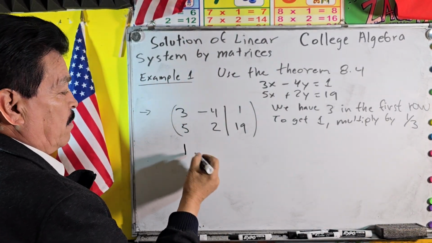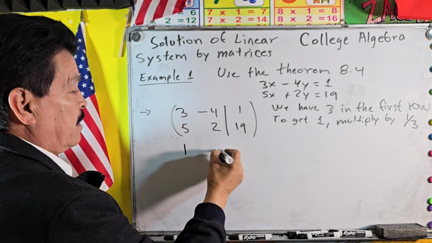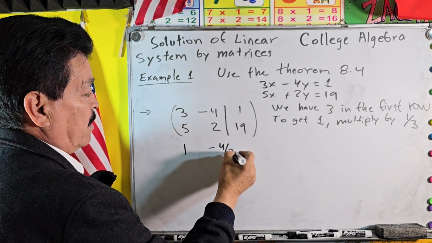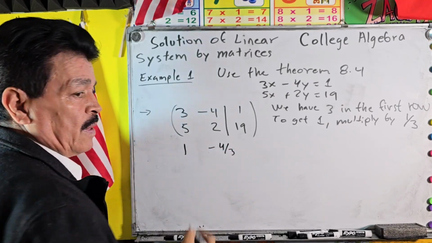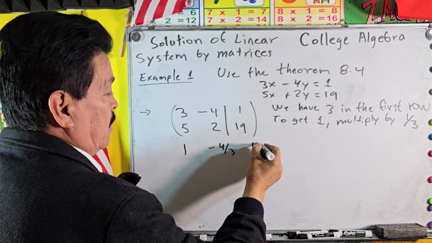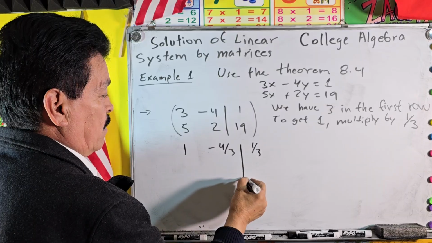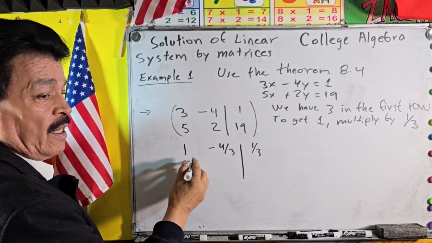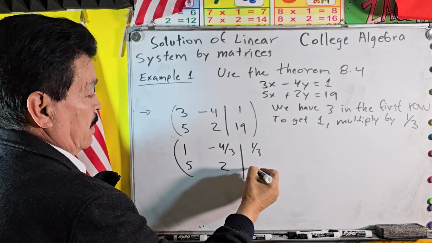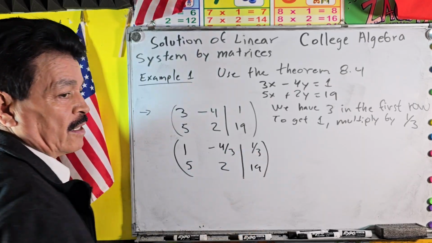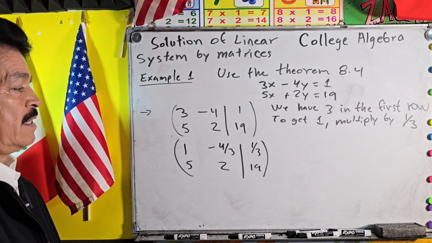We will have 1, then -4/3, and then here we have 1/3. Then 5 right here, 5 and 2, and then 19. So this is the step.